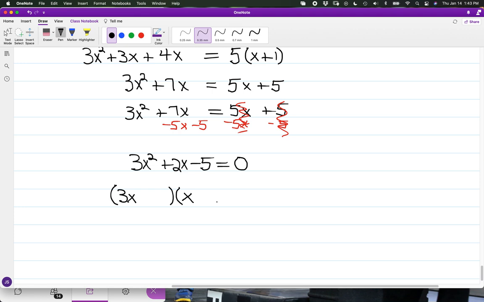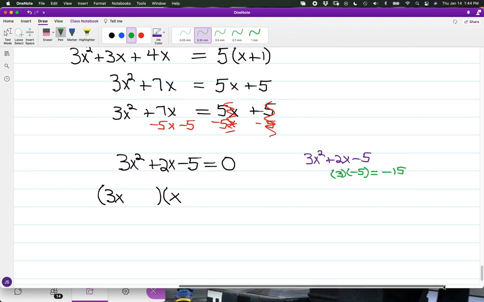I do have just enough time on this, in case you have 3x squared plus 2x minus 5, if I factor by grouping, you've got 3 times negative 5 is negative 15.